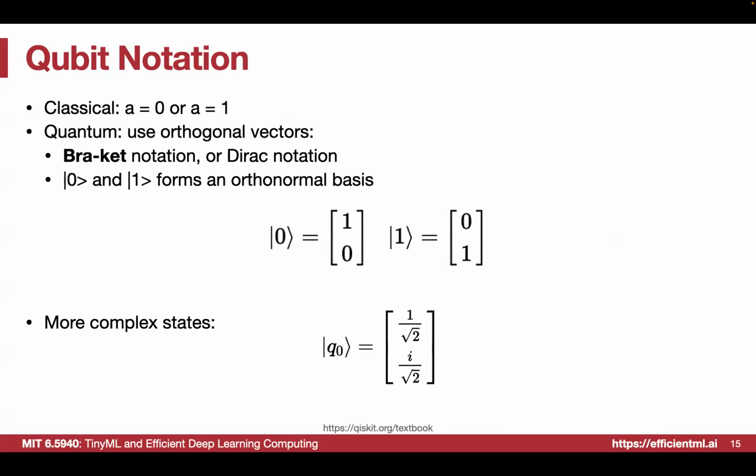So here is a little bit of notation for the qubits. In the classical case we have 0 and 1 as the basis.